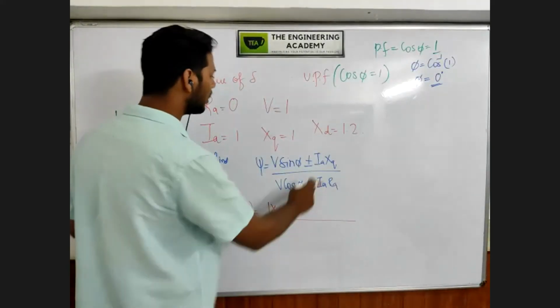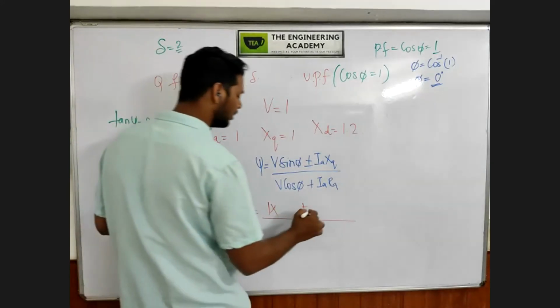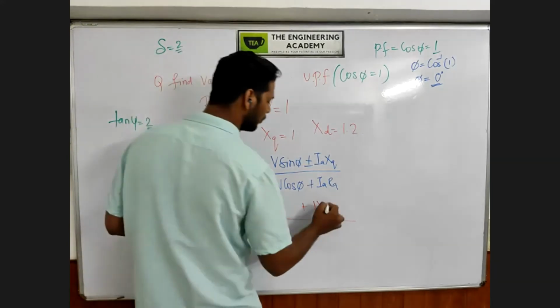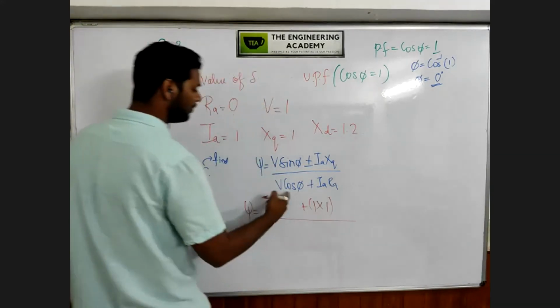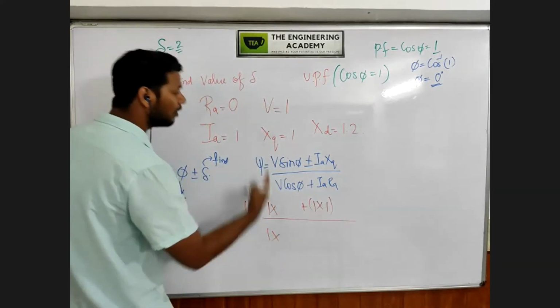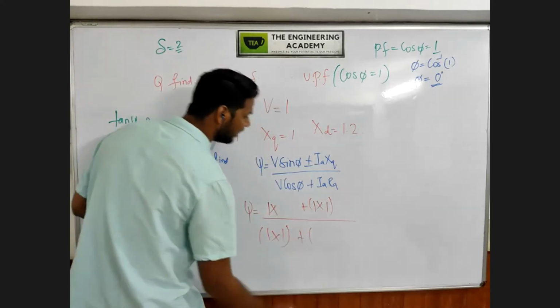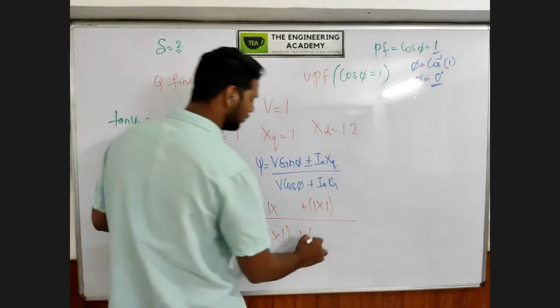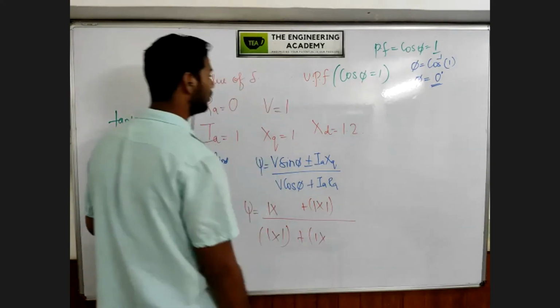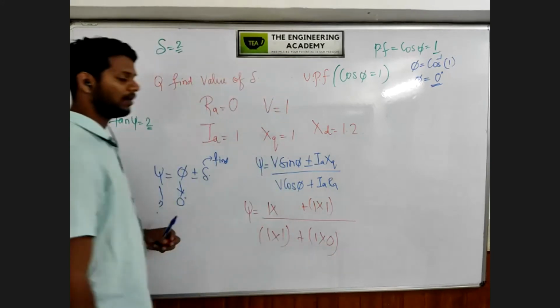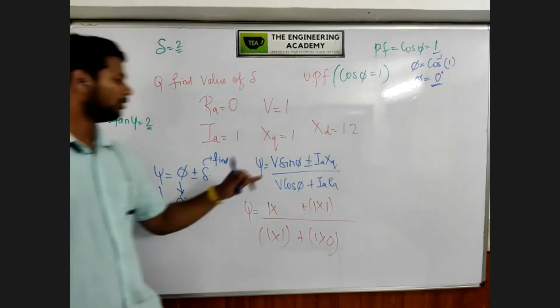Ia is 1, Xq is 1. V cos phi: cos phi is 1 for unity power factor, plus Ia into Ra. Ia is 1, and Ra is 0. So how do we get sin phi?